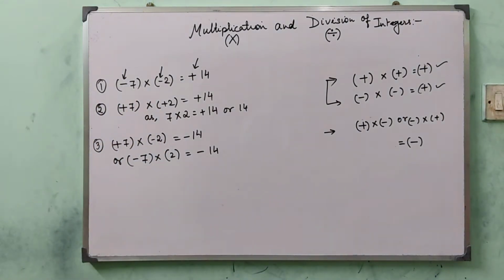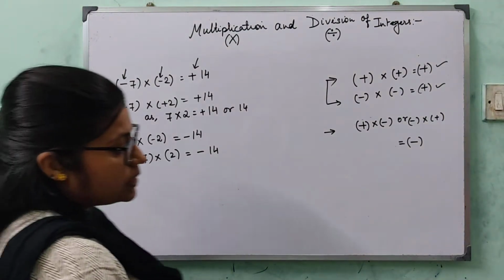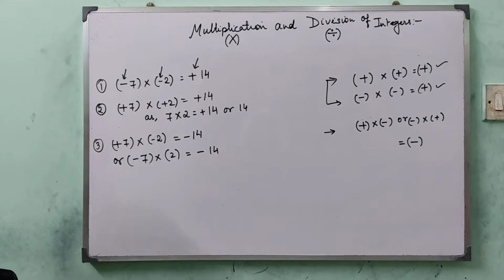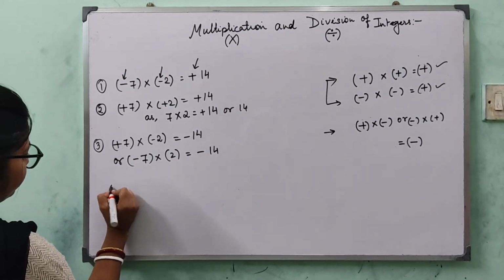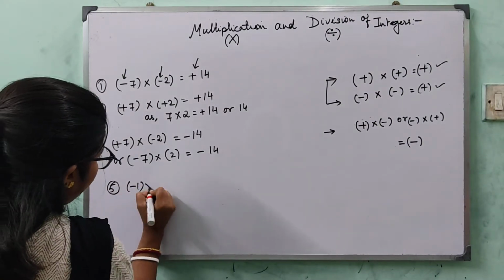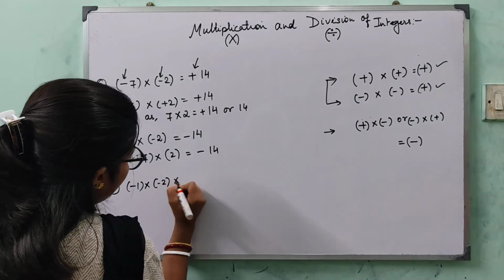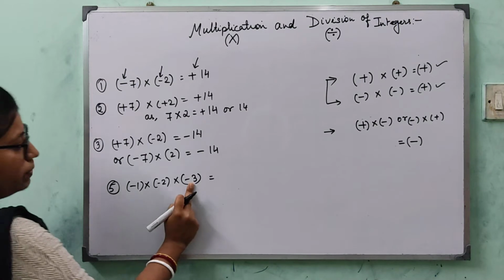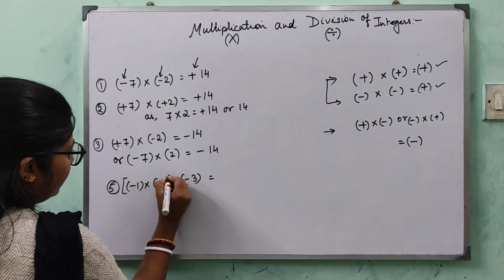Now this was about multiplying two numbers. But what if more integers are involved to find a product? Say for example, minus 1 into minus 2 into minus 3. So first I will find out the product of these two.